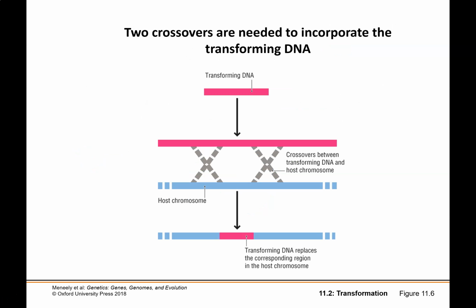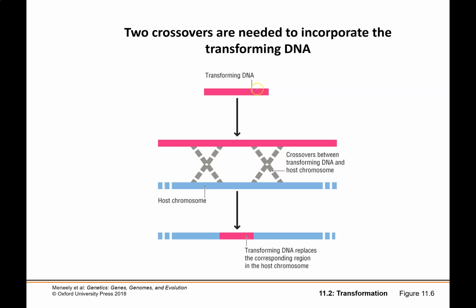So let's say that we want to express a particular gene in a eukaryotic cell or even in another bacterial cell. It doesn't have to be a eukaryote. Or let's say that this is occurring in a natural population and a plasmid has entered a host cell and this gene is going to be incorporated into the genome.